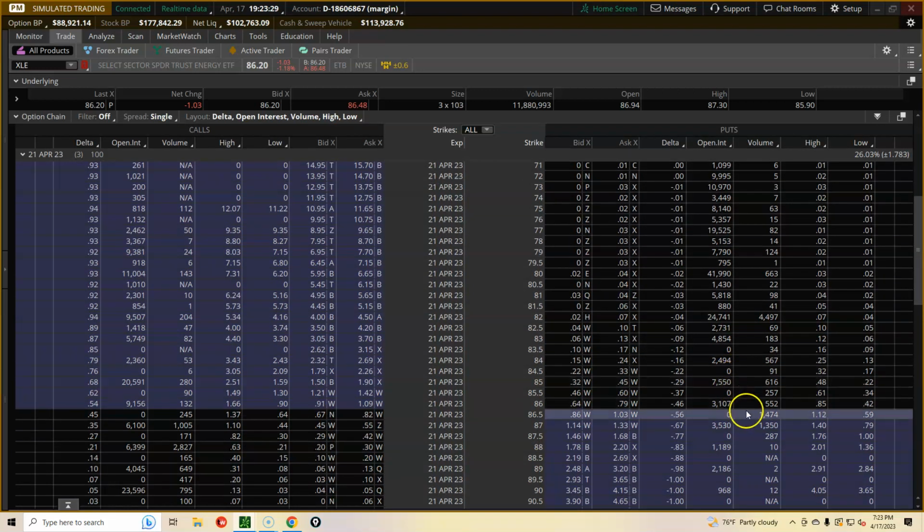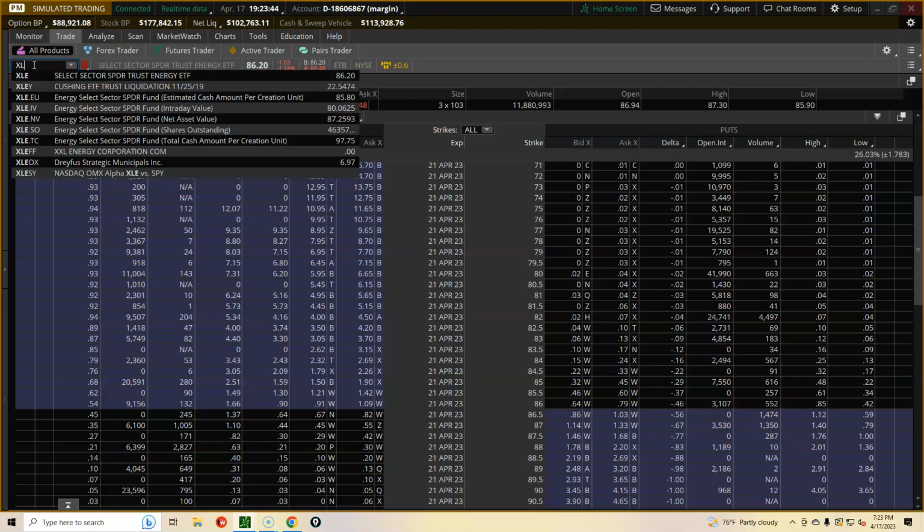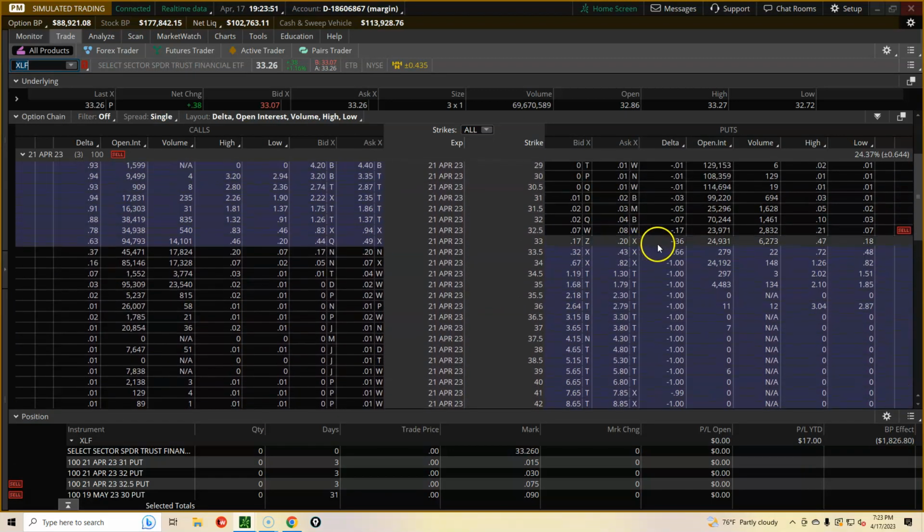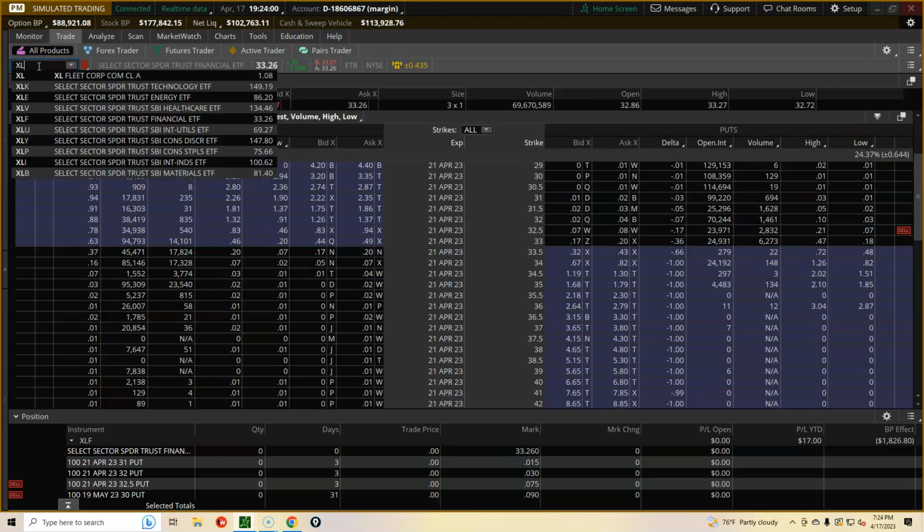Now, what do you notice here compared to XLF, right? Not as liquid. There's not nearly as many of these contracts trading, where XLF, let's take a double look at that. XLF, look at this. 24, all the way over here 70,000 contracts, 3 strikes away.